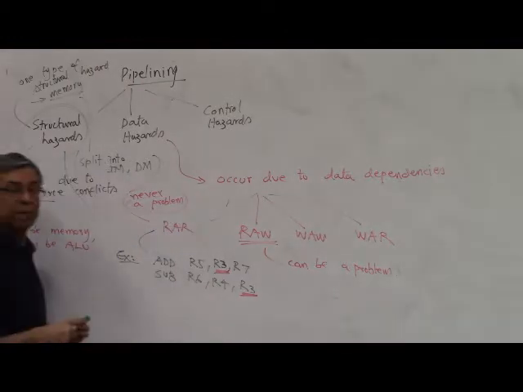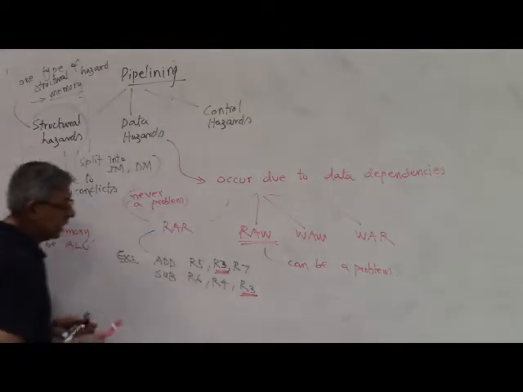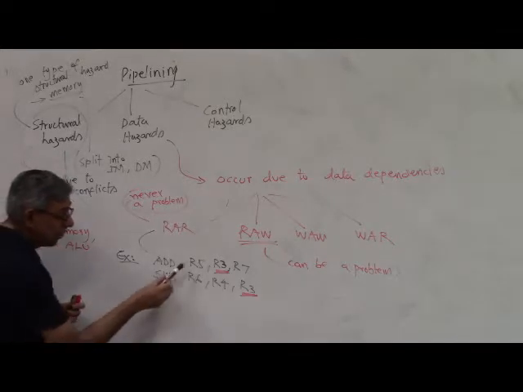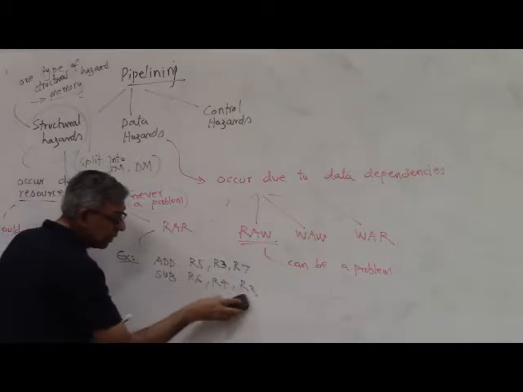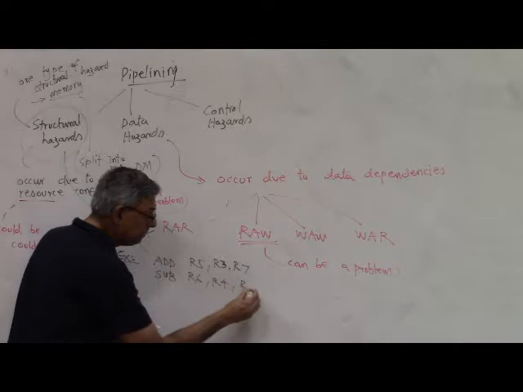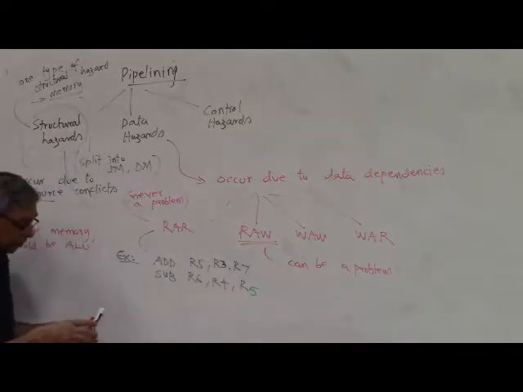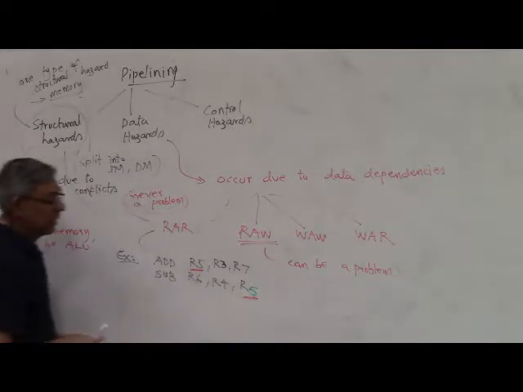So this is read after write. Suppose in this example we are writing to R5, and let me change this R3 to R5. So now we are writing to R5, and after writing to R5, we are reading from it.